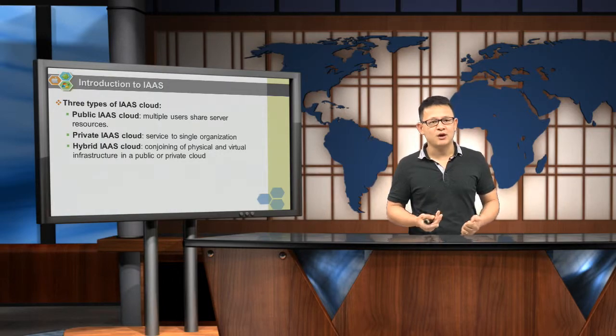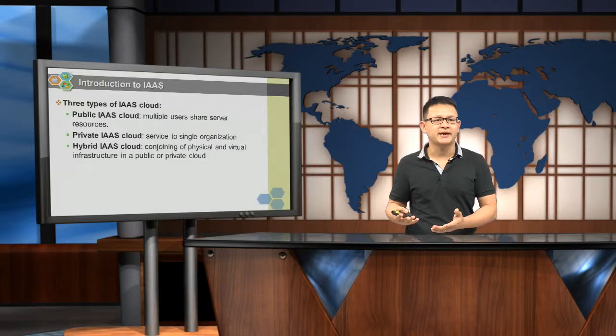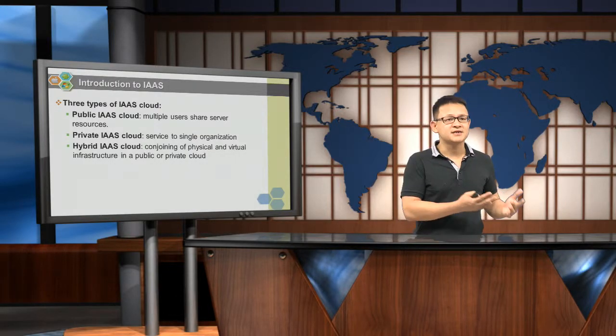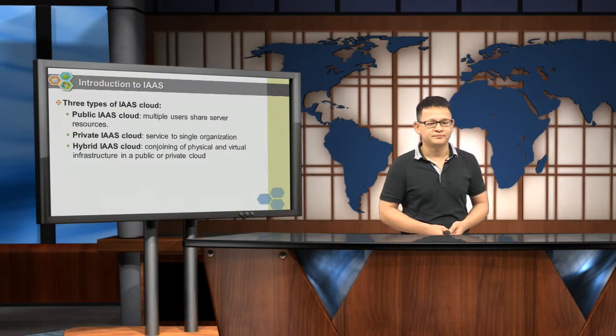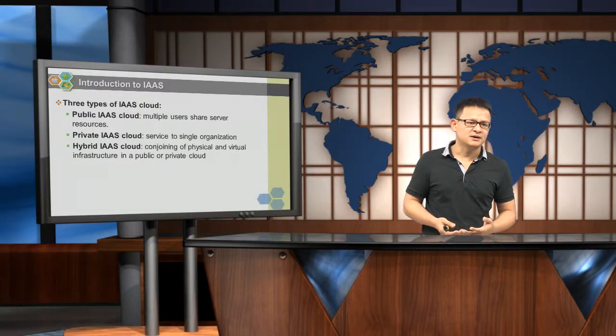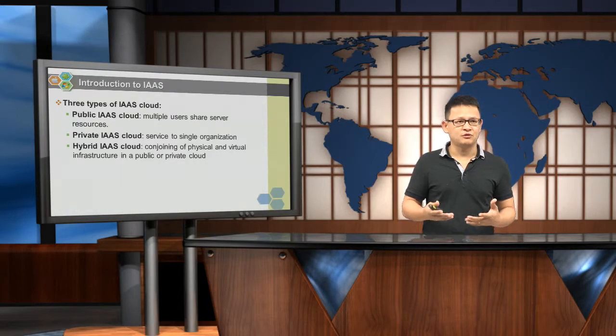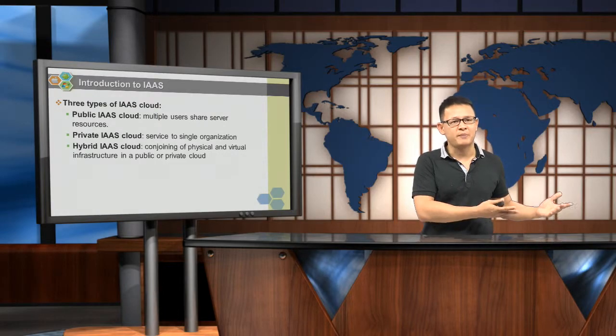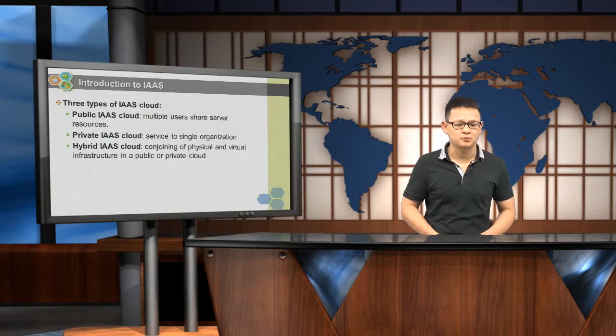So in this case, you have both private and public, and of course you have both the advantages and disadvantages of public and private cloud. For the private part, you have privacy and can set up the security mechanisms yourself, but for the less important part, you can use the public cloud to reduce the cost that you have to pay.